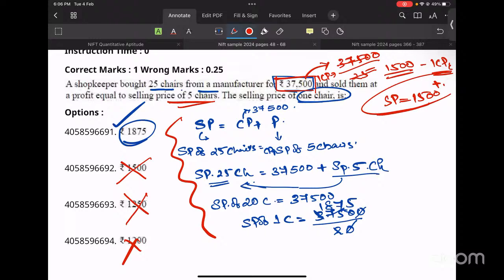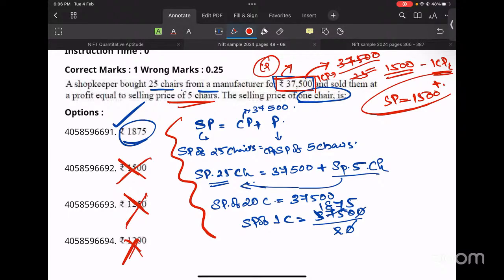These tricks are what make people different in this exam. So this is the technique. Just take the number and go for the cost price. We have an idea: if this is a profitable business, just look for the cost price. 1500 is the cost price, so definitely the selling price is more than this, and you can easily cross this.